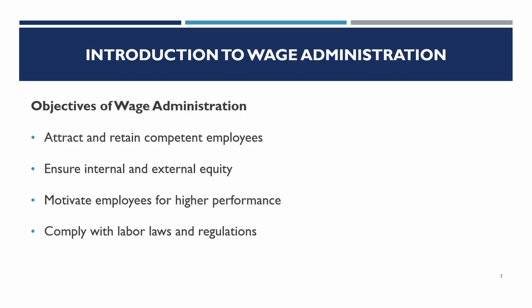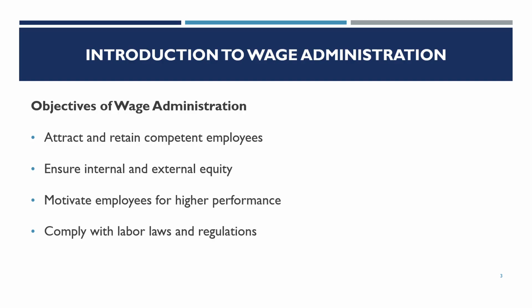Next, the third objective is that it should motivate performance, meaning motivate the employees for higher performance. A good wage policy encourages people to work efficiently. Lastly, it is to comply with labor laws and regulations.